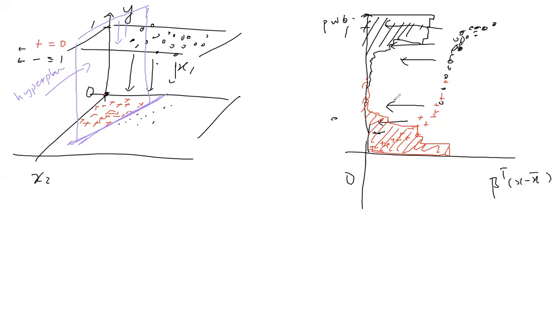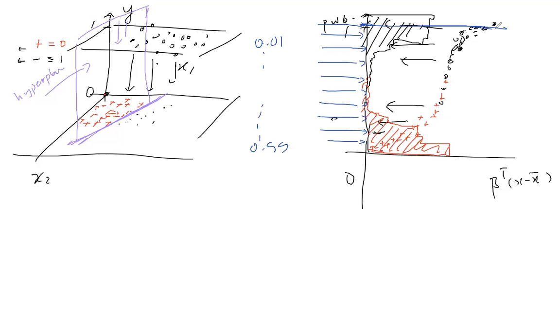Okay, so how are you going to make a decision? You can consider cutoffs, like let's say you space them out by 0.01, right? You consider all these cutoffs. For each cutoff, anything to the left you classify as black, anything to the right you classify as red.